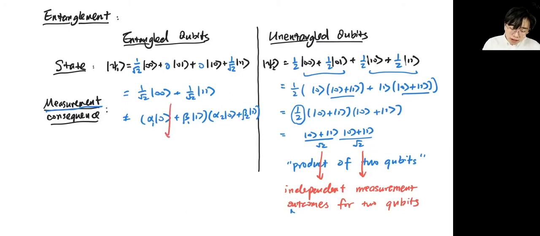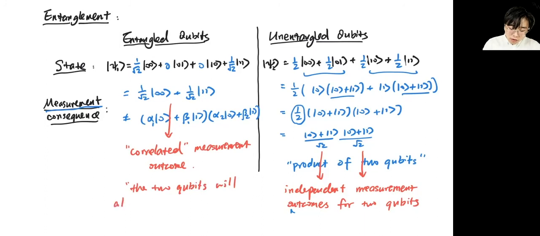Whereas here, you will end up with some correlated measurement outcome. And this correlation in this example is that the two qubits will always have the same measurement outcome.